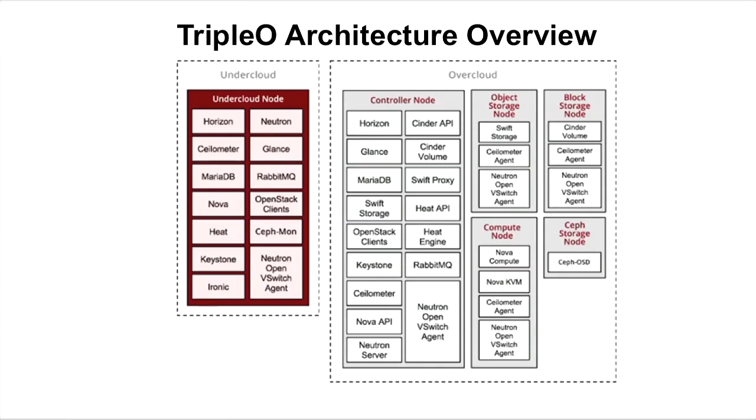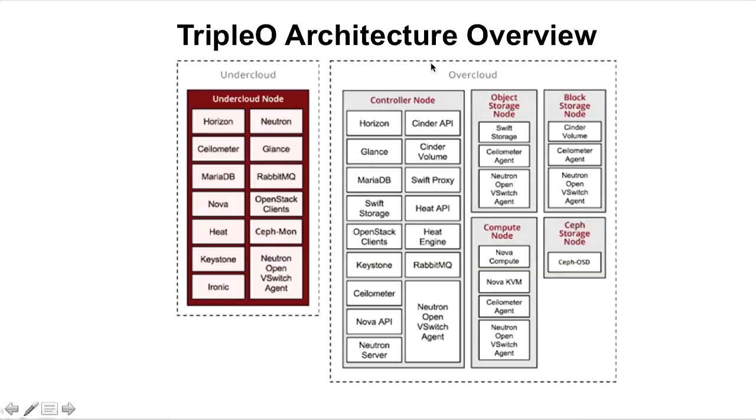Basically an all-in-one OpenStack deployment that contains Horizon and Ceilometer and MariaDB and Nova, Heat, Keystone, Ironic, Neutron, Glance, the message queue of course, some OpenStack clients, Ceph-Mon in case you want to do any Ceph, and the Neutron Open vSwitch agent. And from that you can define what you need to have in your overcloud.